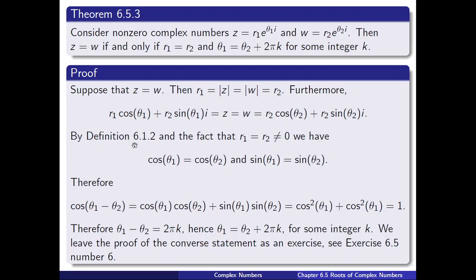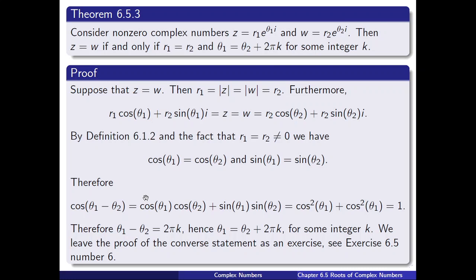And so by definition 6.1.2, and the fact that r1 and r2 are both not equal to 0, we can see that cos theta 1 is equal to cos theta 2, sin theta 1 is equal to sin theta 2. So the first part is pretty obvious.